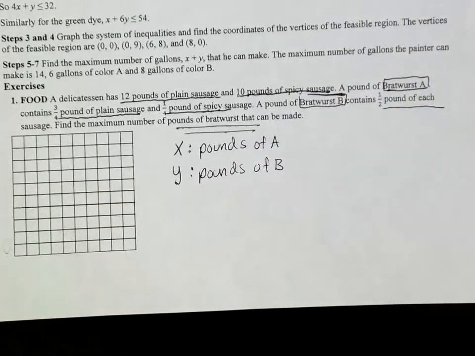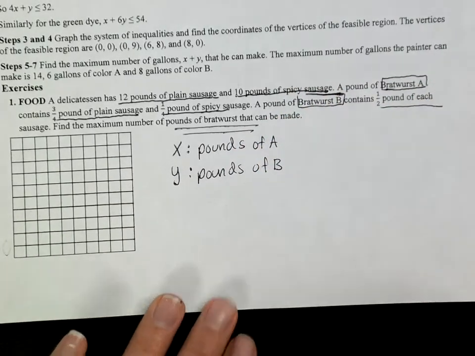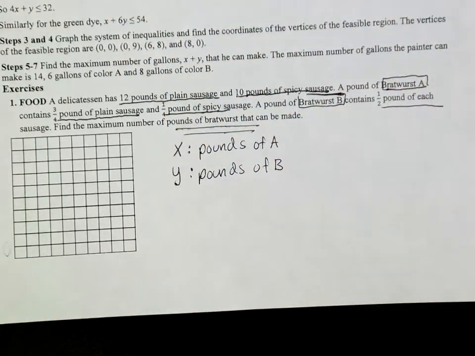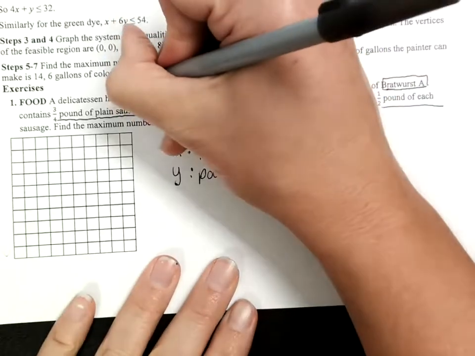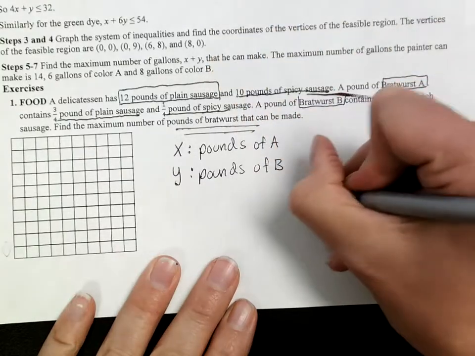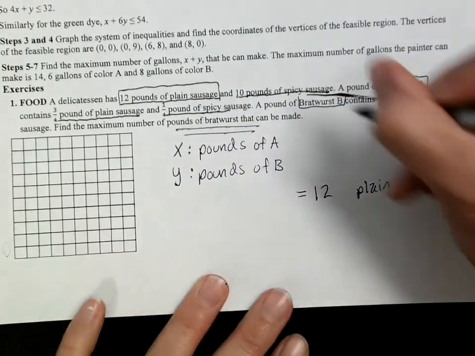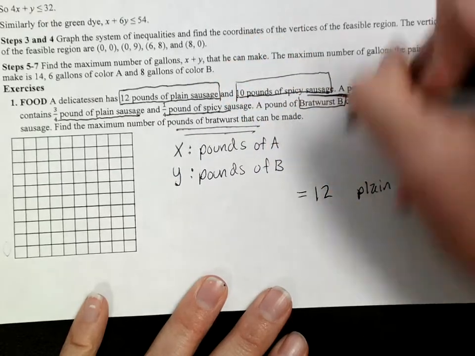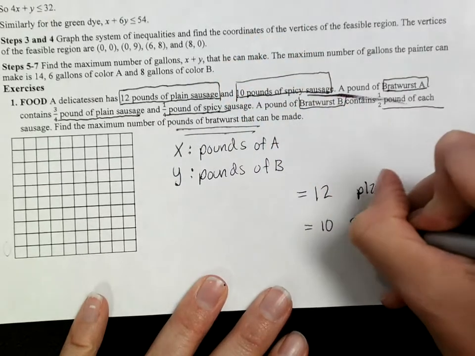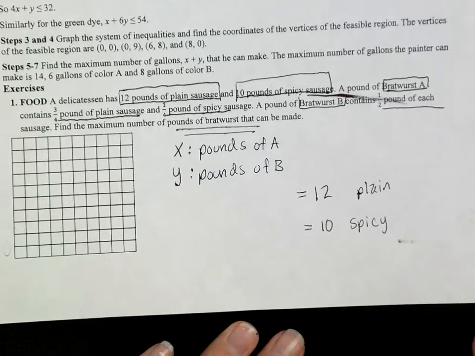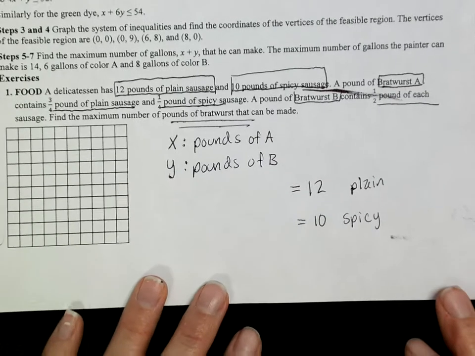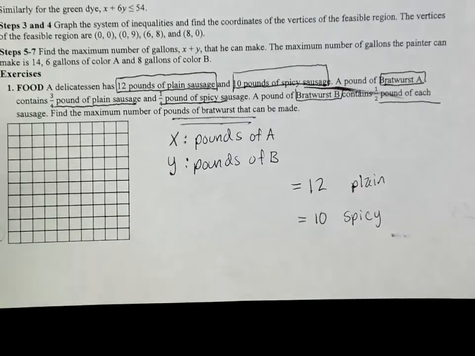Okay. I also know exactly how many pounds of the different types of sausage I have to start with. I have 12 pounds of plain. I'm going to go ahead and label that right here. And I have 10 pounds of spicy. I also know how many pounds of each are in a pound of each type of bratwurst.